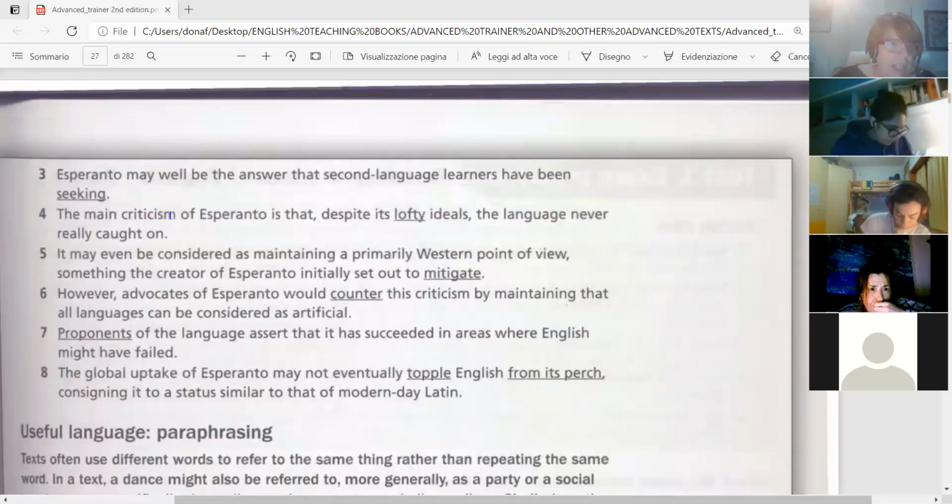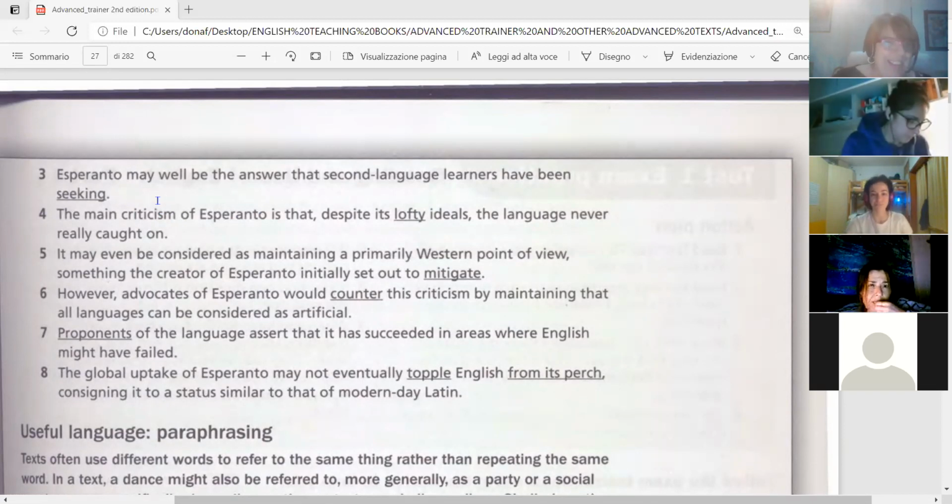Marta, would you want to do number 3? Just speculate. Esperanto may well be the answer that second language learners have been seeking. The answer that, in this case, means something that they were looking to find. Looking for. Yes, of course, because seeking is quite easy.